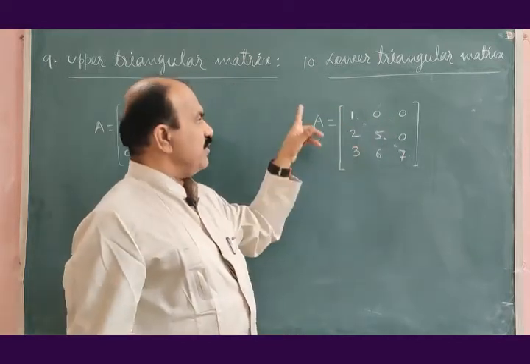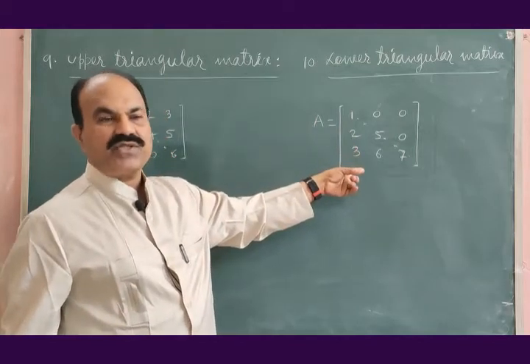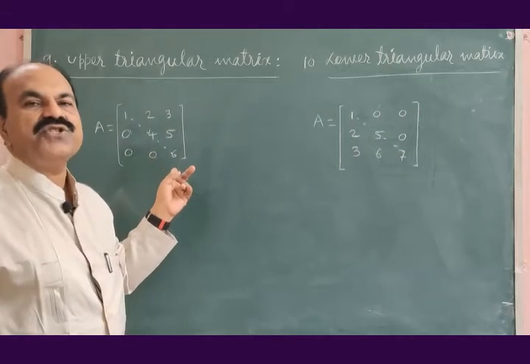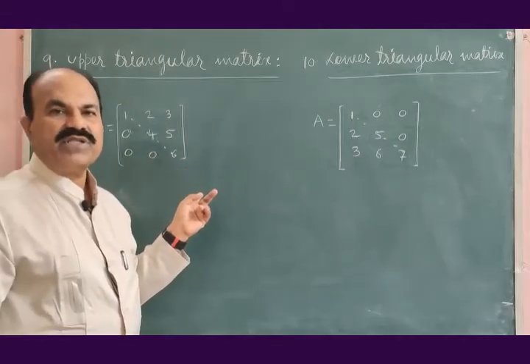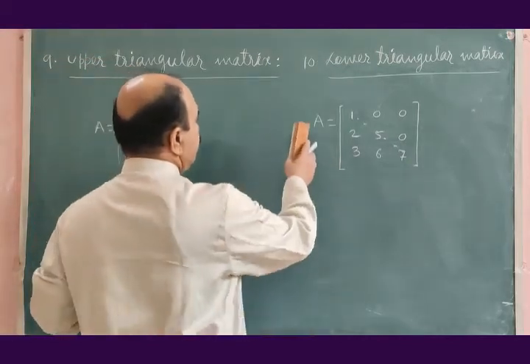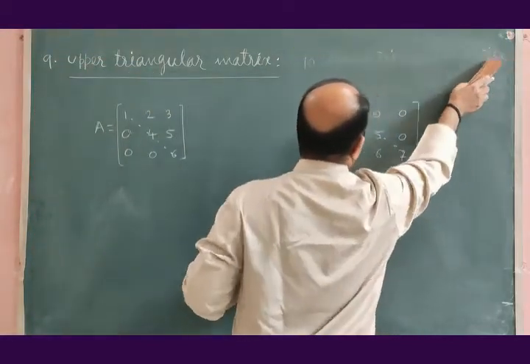So, such a matrix is known as lower triangular matrix and such a matrix is known as upper triangular matrix. After this, let us move to the next one.